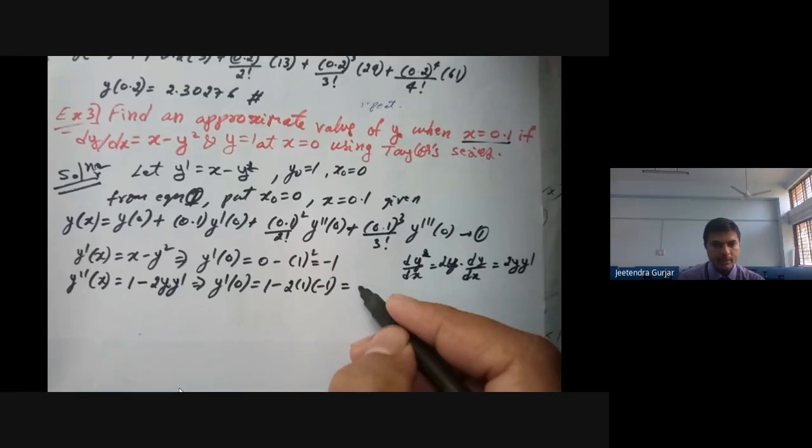You have substituted 0 minus 1 square. Y naught is 1 and x naught is equal to 0. Substitute. So 0 minus 1 square. 1 square is 1 only. So 0 minus 1 will become minus 1. Is it clear? Like this you are going to simplify.